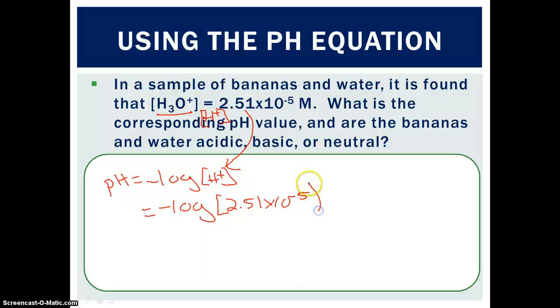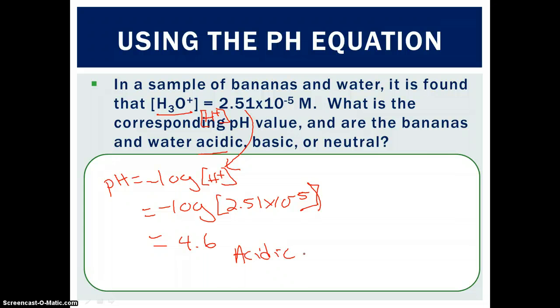Pay attention, make sure you put both of those negatives in there. They will certainly matter for your answer. You should get a number between 0 and 14, and it should be a positive number. If you don't get either of those things, then you put it into your calculator incorrectly. 4.6. That is acidic. It is less than 7.